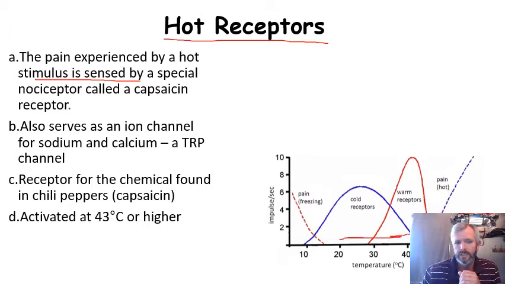These channels only open when we are at these higher ranges of temperature. All right, so at the higher temperatures, that elicits the opening of the channels, and now ions will move, and those pain receptors or pain neurons will fire more frequently. As we go up in temperature, you can see they fire quicker and quicker.